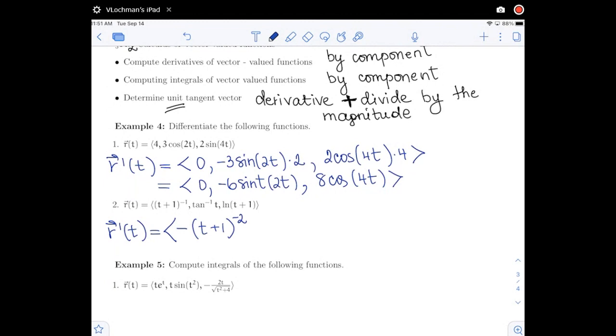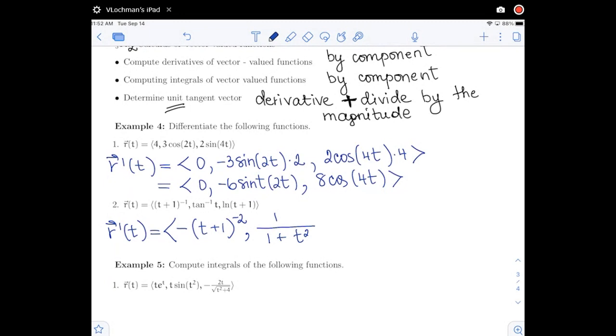What about the next one? Tangent inverse of t. What is the derivative of that function? I see an answer: 1 over quantity 1 plus t squared. The way I think of tangent inverse, it's 1 over 1 plus stuff squared.